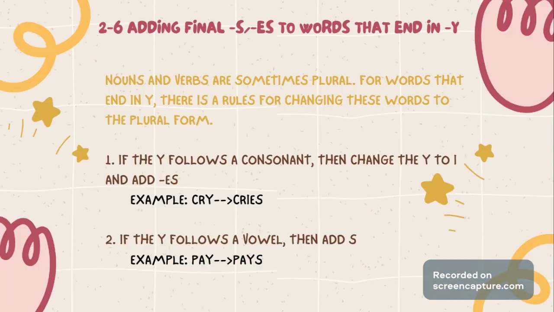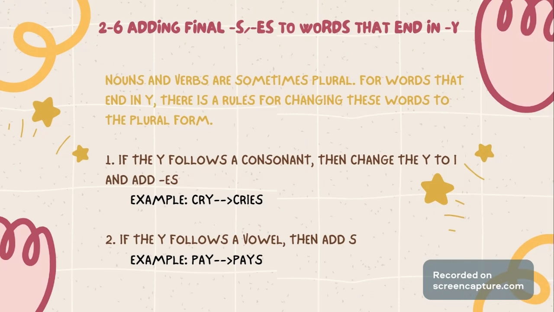Next, adding final s or es to words that end in y. Nouns and verbs are sometimes made plural. For words that end in y, there are rules for changing these words to the plural form. One, if the y follows a consonant, then change the y to i and add es.